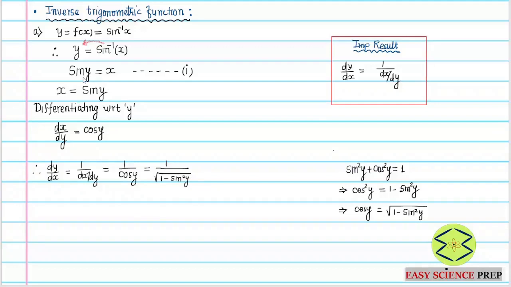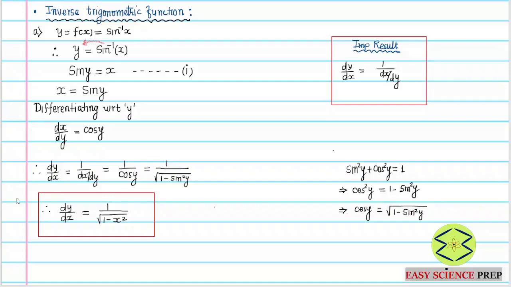We know sin y is x. So sin square y would be x square. Therefore the derivative would be 1 divided by under root of 1 minus x square. This is the result we got. So if y is sin inverse of x, its derivative is 1 divided by root of 1 minus x square.